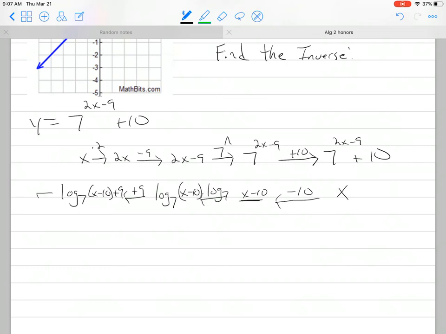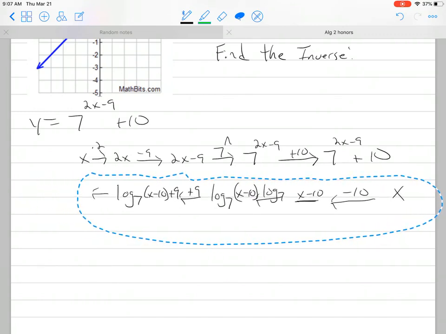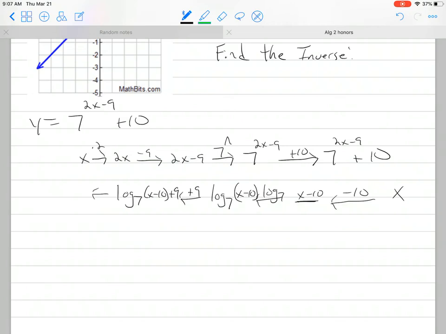And finally, and I'm going to have to write mine. Ooh, look at this magical stuff I can do. I'm going to take this and slide it over. I did minus 9, so finally I'm going to divide by 2. So I'm going to take this whole thing, log base 7 of x minus 10 plus 9, I'm going to take that whole thing and divide it by 2.